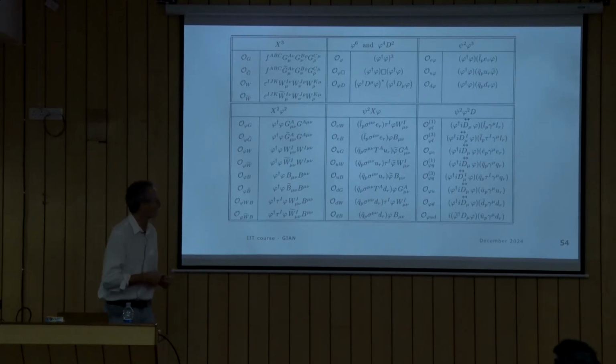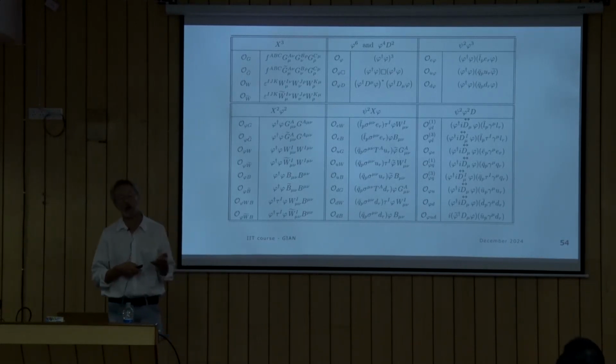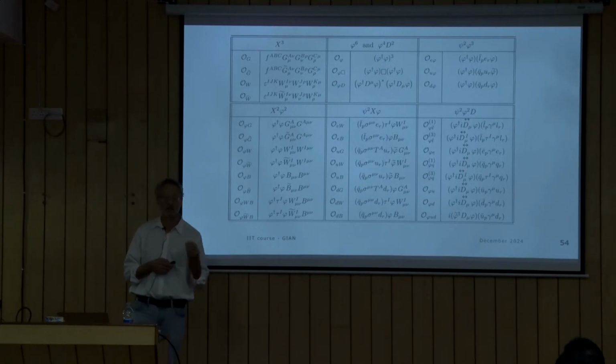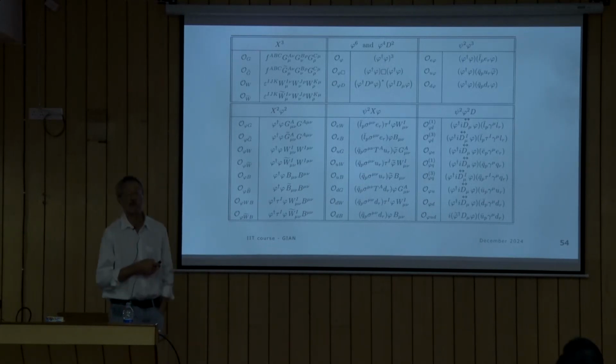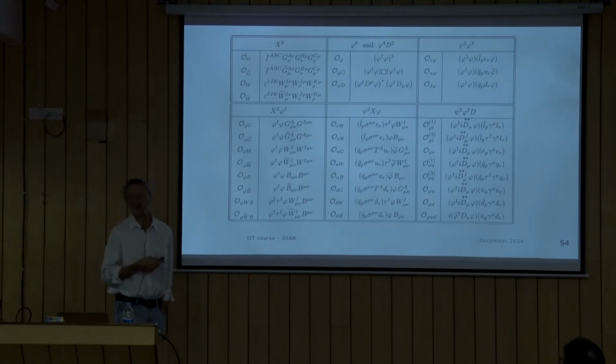The type of effects that these various operators involve are not evident because I haven't written them in the unitary gauge. I've written them in a general expression. When you write the Higgs doublet as VEV plus H, where H is the physical Higgs field, then these operators take a more familiar form.